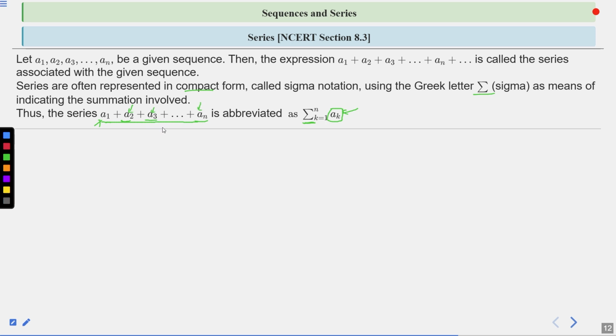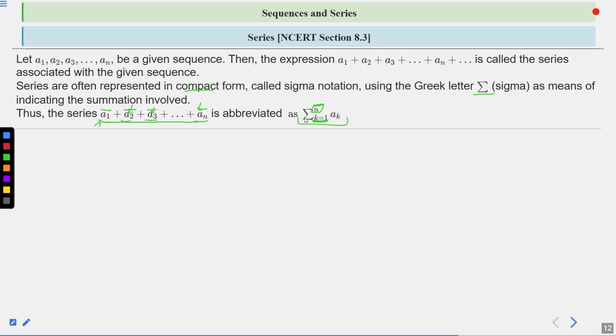A1, a2, a3. Now we are not going to write some number in the subscript. We use ak, with k in general position, the kth position, any position. Now what we do is simply run this k from where to where? 1 to n, as we are adding from a1, a2, a3 till an. So we write k equals 1 at the bottom of this sigma, and at the top of the sigma the last term, n. From 1 to n.